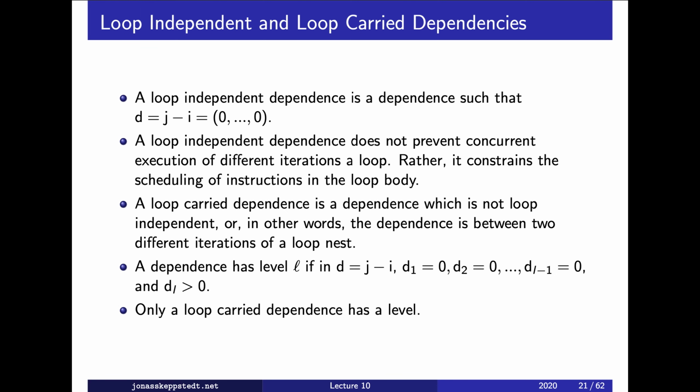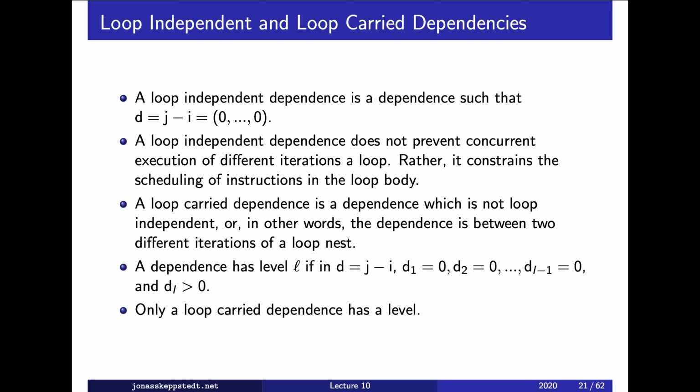Okay, we distinguish between two kinds of dependencies. One is called loop independent dependence, and that means that the two index vectors are identical. So the distance is the zero vector.